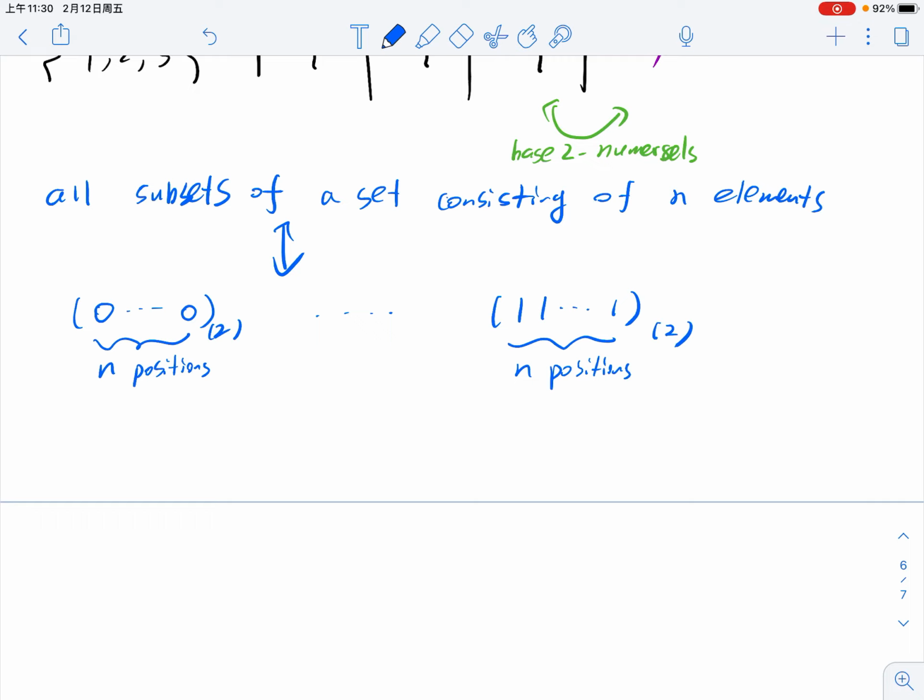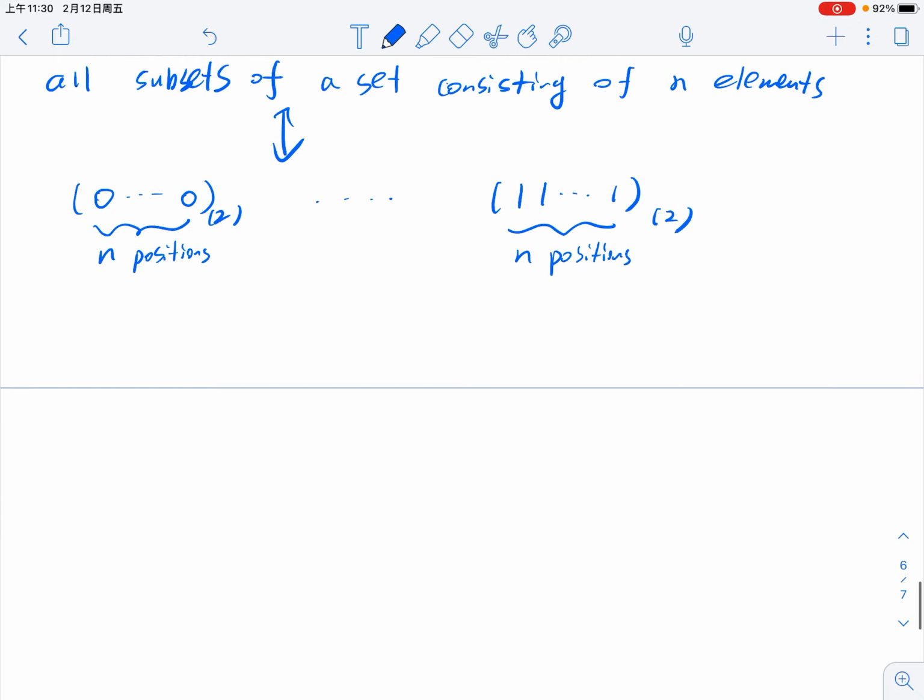If the first is 0, this last one is 2 to the n's power minus 1.